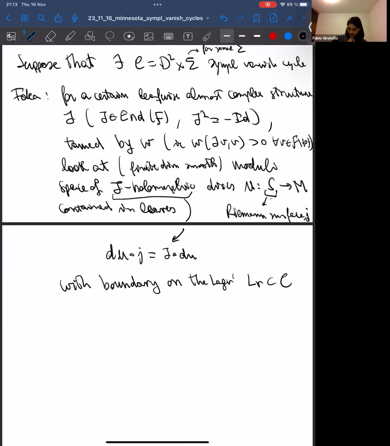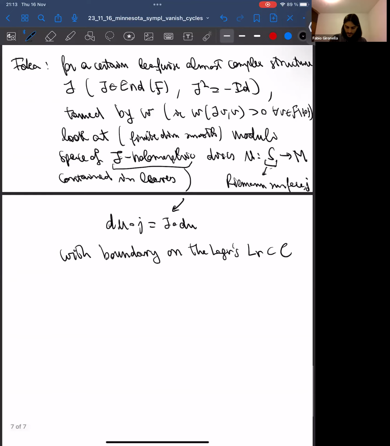They don't need to be all in the same L_R, but every disk needs to have boundary in one such L_R. And somehow we want to reach a contradiction by looking at this moduli space and using the properties of the symplectic vanishing cycle.